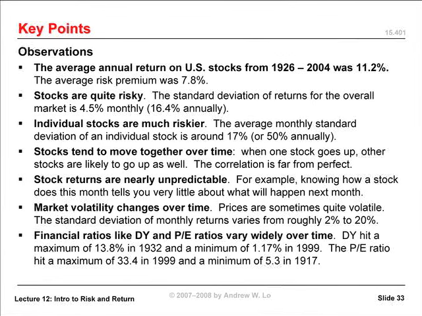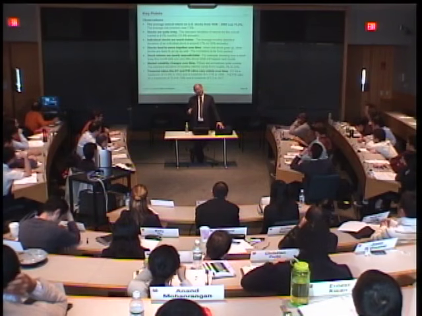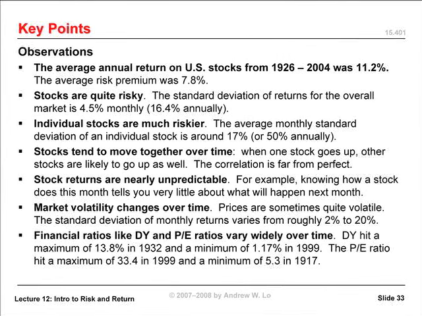Stocks on an individual basis are clearly much more risky than as a group. So you're absolutely right, Rami, that when you put it into a portfolio, you reduce the risk. So the S&P 500 is a lot less risky than Motorola. Also, stocks tend to move together over time. From one day to the next, there's very little relationship. But on a given day, stocks tend to move together in groups.